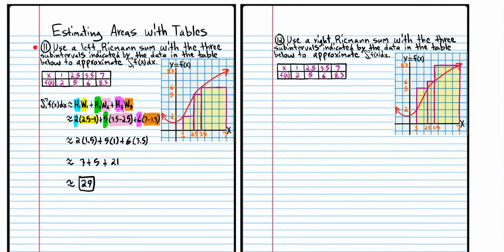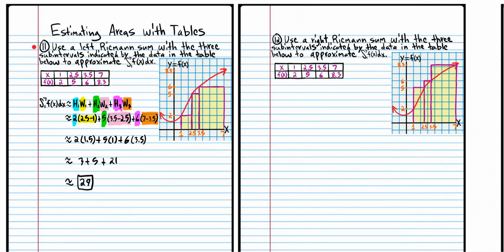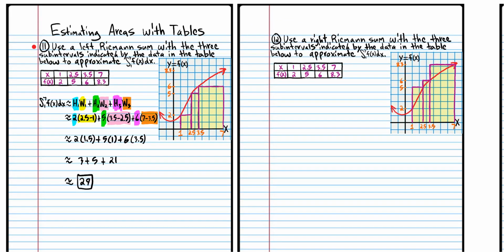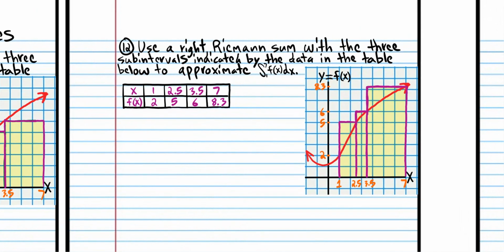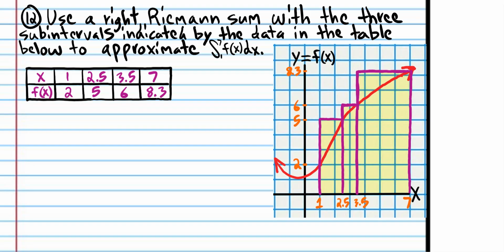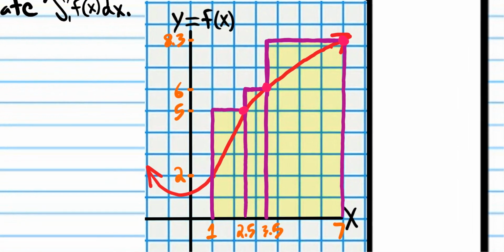Okay, so let's do it again. But now we're going to use a right Riemann sum rather than a left Riemann sum. So you see now, because we're using a right Riemann sum, the upper right corners of the rectangles are touching the red graph. You see those pink points there? Or maybe I should make them green. They'll show up better with green.